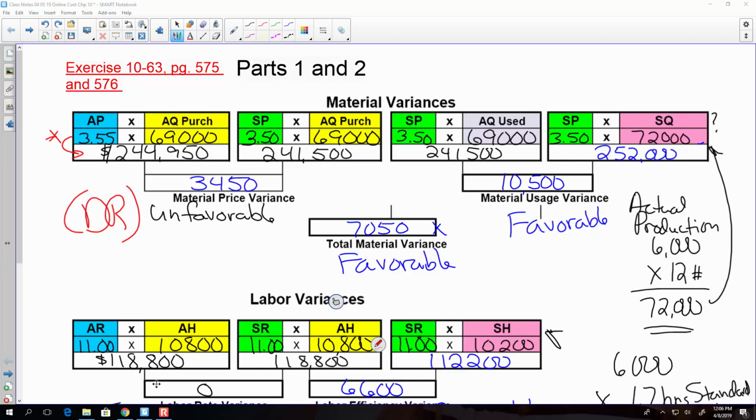At the same time we record the purchase, we also record the price variance. So what the company had done was, before the year started, had established a standard price for that material at $3.50. And if you look at page 575 again, you can see that $3.50 in the standard information. Now what we're trying to do with the price variance, and all that variance means is price difference, is compare the actual price, which is in blue, to our standard price, which is in green.